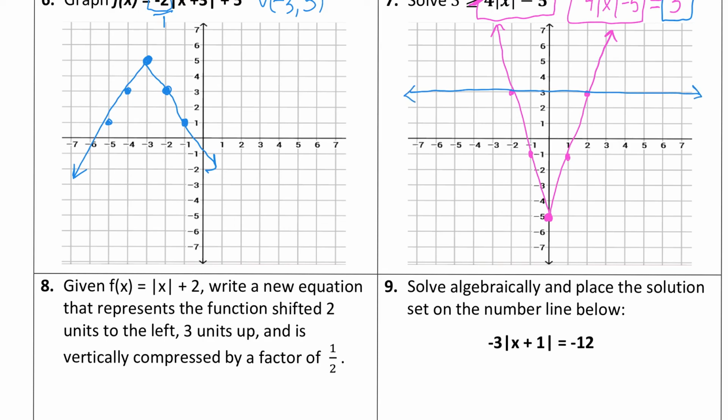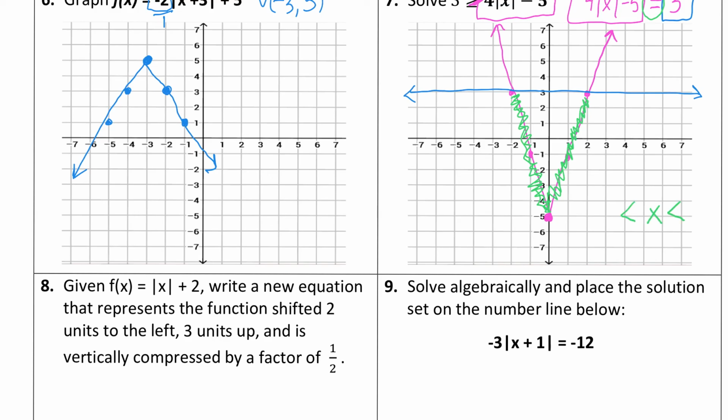Now we can see where it crosses, but because we have an inequality, what this is saying is when is the absolute value function less than or equal to this value of 3? Well, less than or equal to is this whole section right here. So basically it's anything that's below that horizontal line of 3. Because this is connected, then we know that we're going to have a between statement, which looks like this.